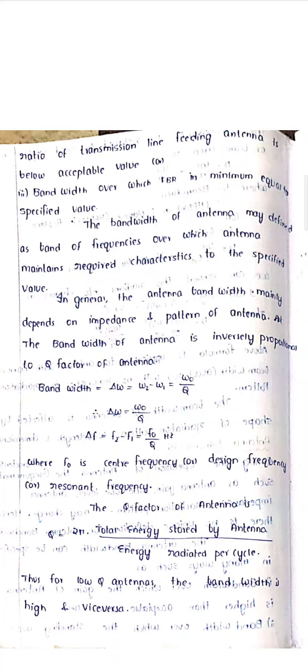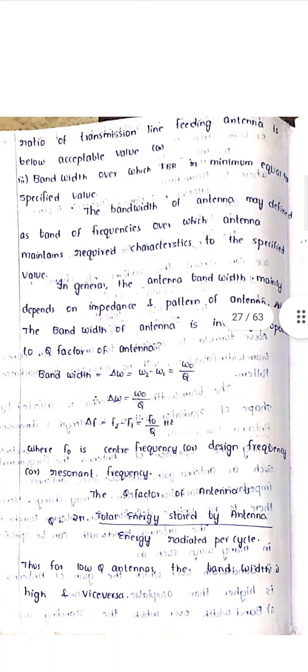In frequency, F2 minus F1 is equal to F0 divided by Q, where F0 is the center frequency or designed frequency or resonant frequency.